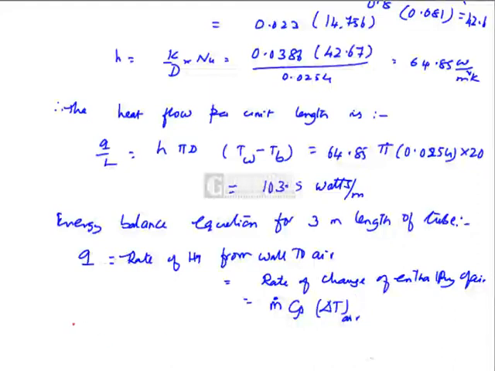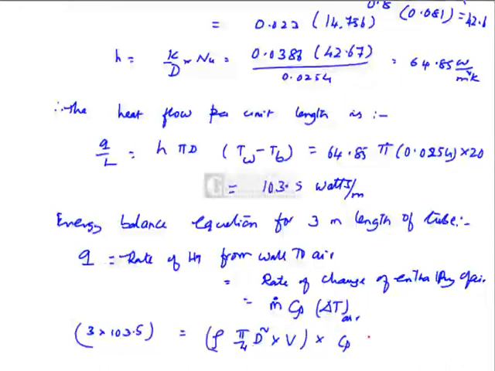We know that the rate of heat transfer Q is given as Q by L into 3 meters, that is 3 into 103.5. This is equal to mass flow rate, rho A V, that is rho into pi by 4 d square into velocity of flow, into Cp, and delta T of air, the increase in bulk mean temperature of air for 3 meter length of the pipe, which is to be calculated.